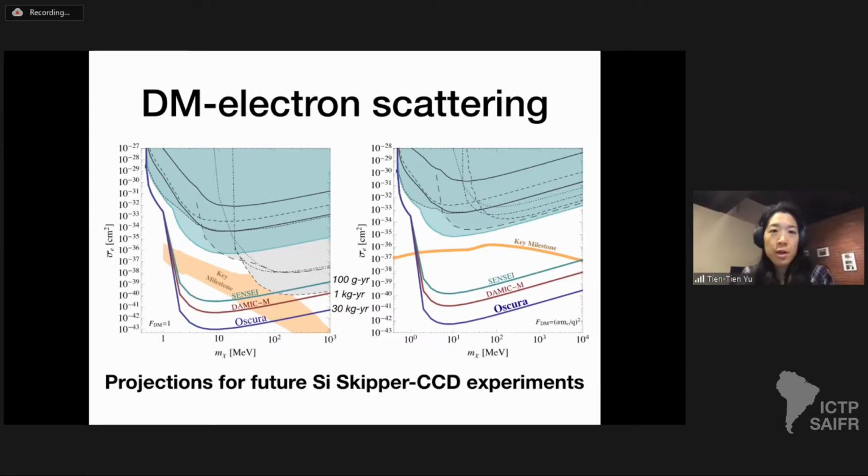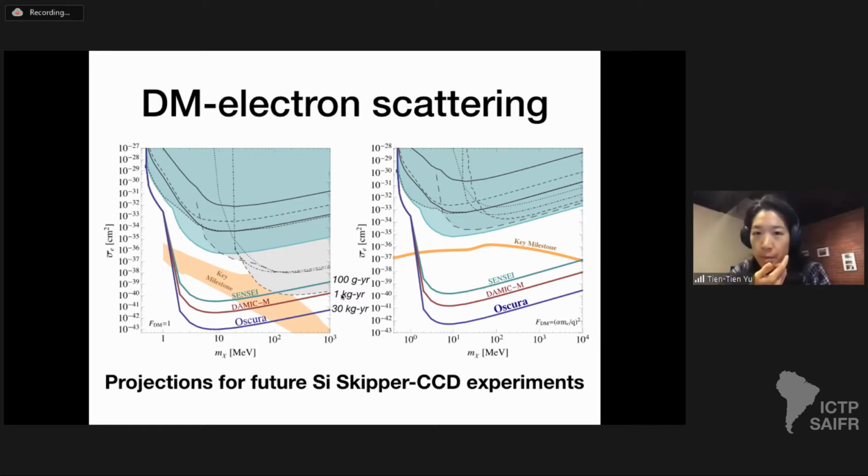In the future, there are several proposed silicon skipper CCD experiments. The plan for Sensei is to go up to 100 gram years of exposure, which means that we would have sensitivity where this cyan line sits in both plots. The Dominic M experiment is the next generation of the Dominic experiment, and this is going to be at 1 kilogram year.